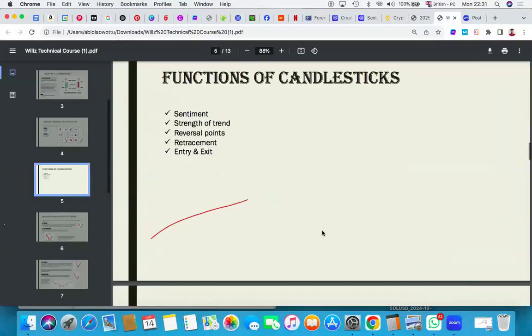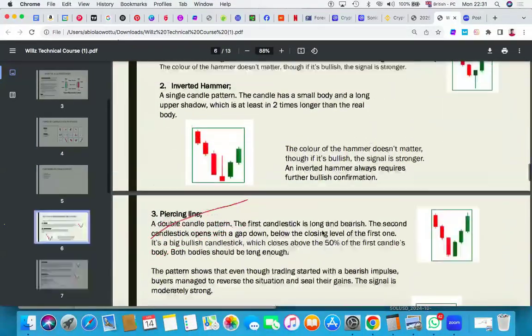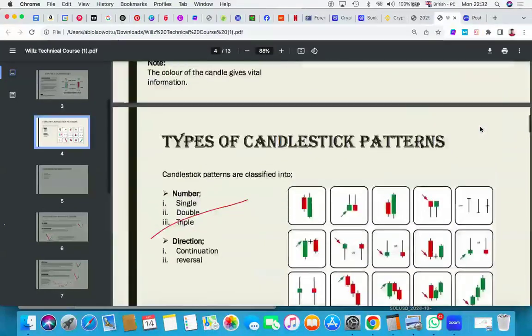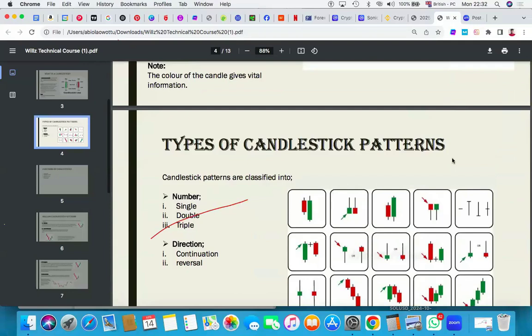So what do we call a hammer? A hammer is a candle that has a small body, right? That has no wick at all on the high, which the wick would be, you see, these are hammers, right? This is the bearish one, and this is the bullish one, right?